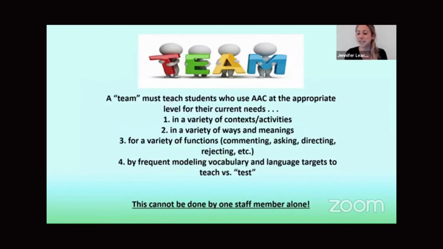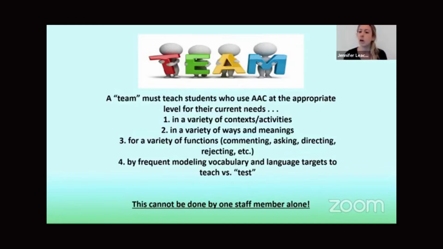So I know I kept saying this whole time about a team approach. So a team is so important with our kids. So a team must teach students who use AAC at the appropriate level for their current needs in a variety of contexts, in a variety of ways, for a variety of functions, and by frequent modeling vocabulary and language targets.